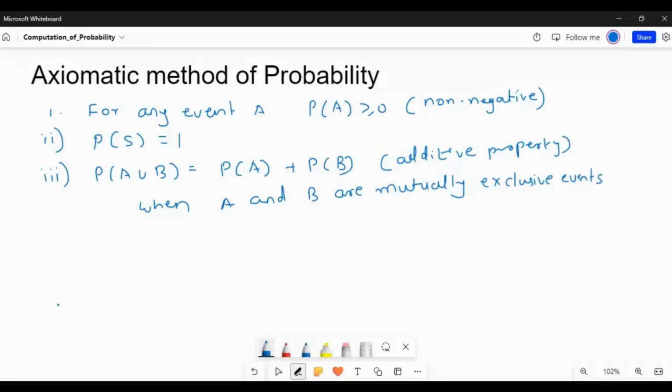So these properties are nothing but the axiomatic approach of probability.